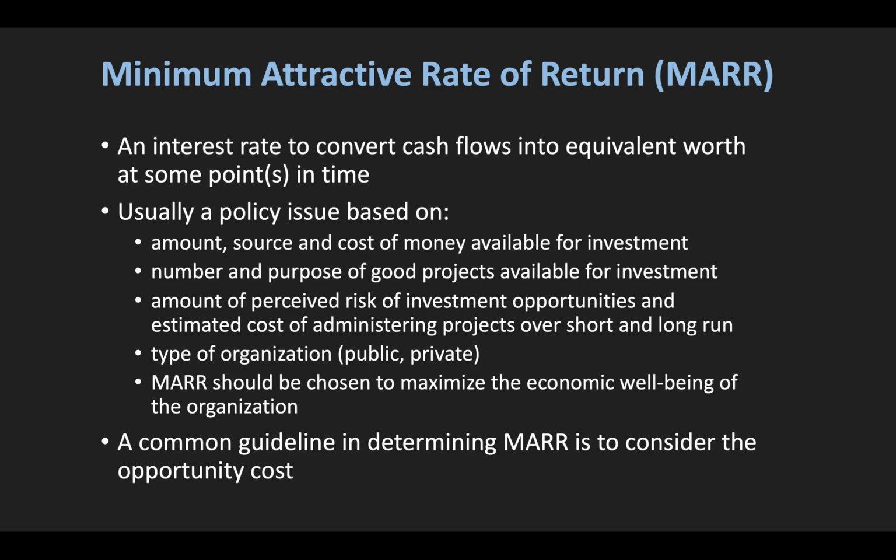We use it to convert our money from one point to another. But let's look at the last one first. How we determine MARR is to consider an opportunity cost. That is what MARR does.